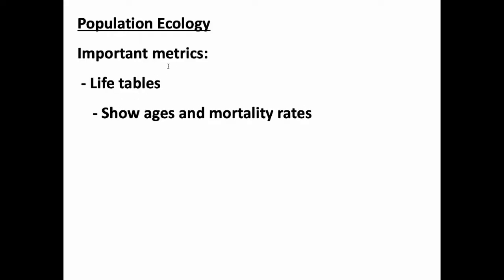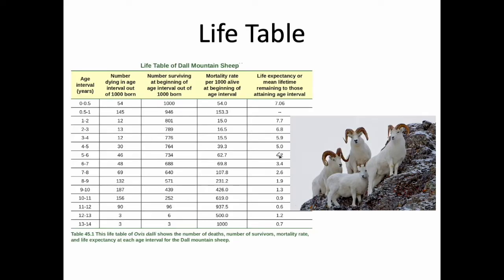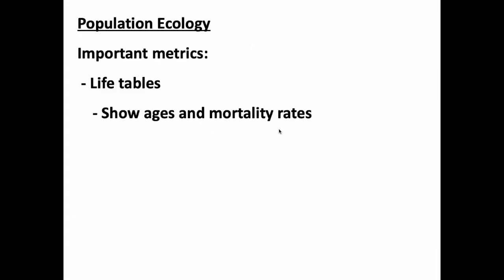And another important metric is something called a life table. There's a lot of data in a life table. Don't memorize any of these numbers, by the way. The important thing is that this is showing ages and mortality rates within a population.